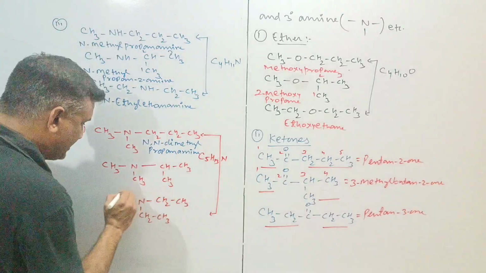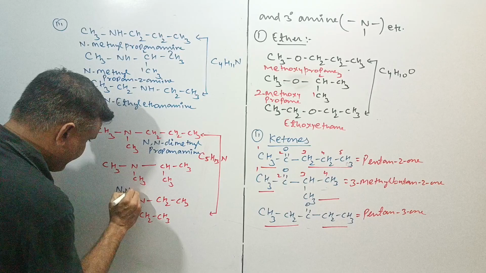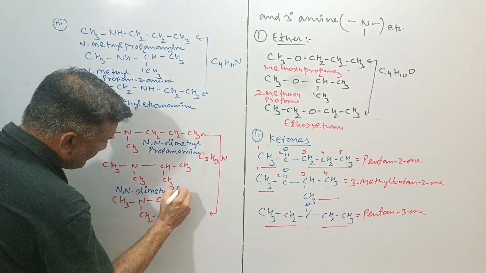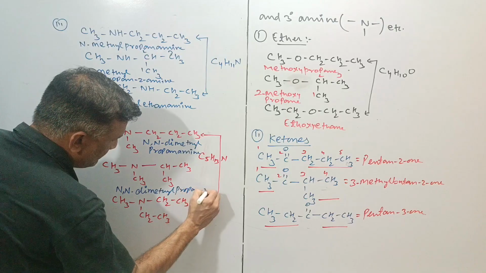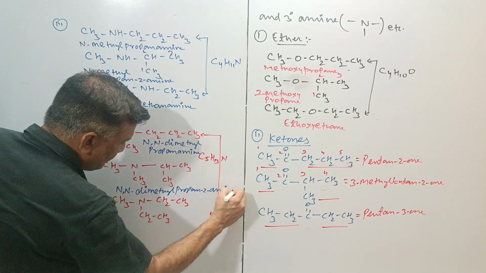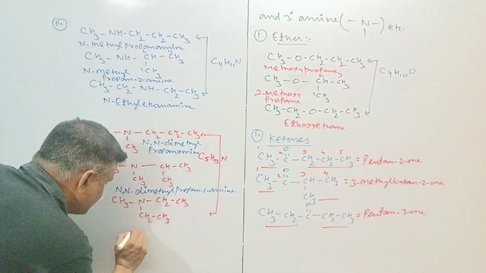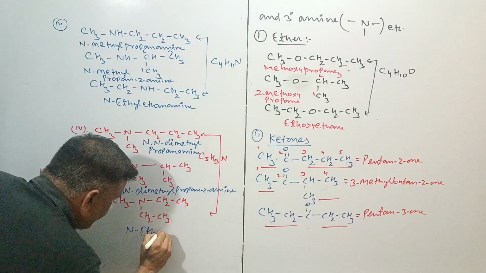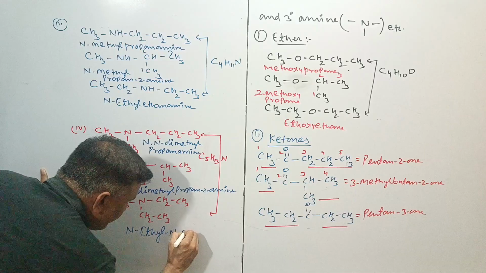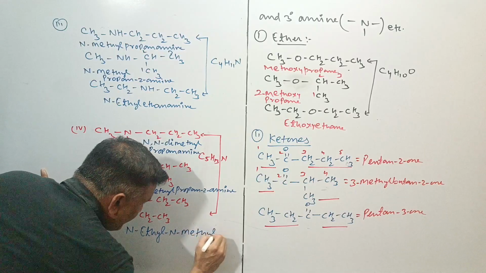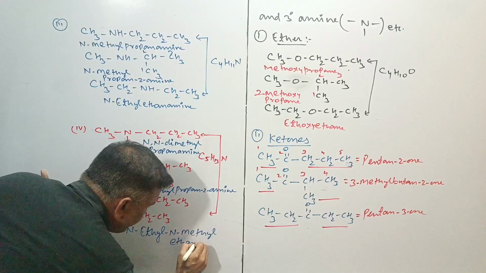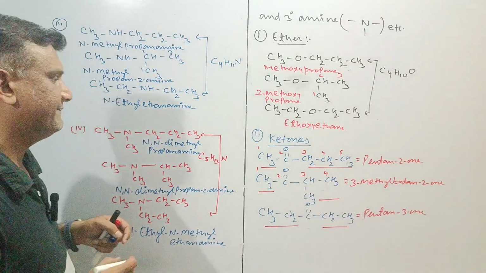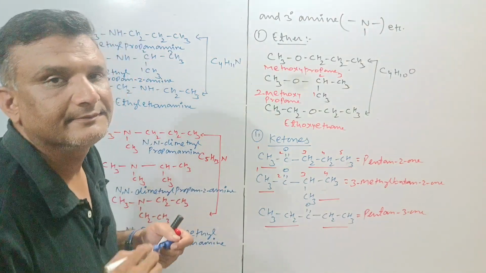This is N,N-dimethylpropan-2-amine. This is called N-ethylethanamine. So these are the metamers for C5H13N.